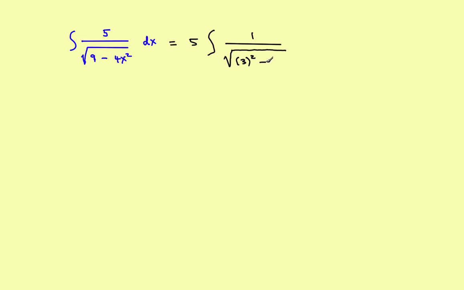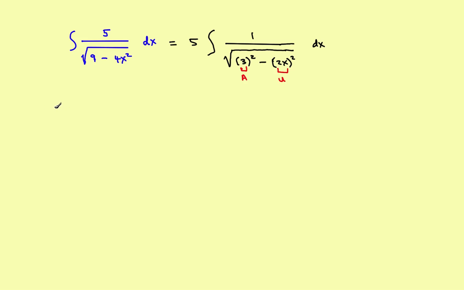Then you've got minus, and instead of 4x squared, I'm going to write this as 2x quantity squared. And all this will be dx. Now, we'll go ahead and label things. What that's going to give me is this is going to be a, and this is going to be my u right here. But this is more complicated than just a simple x. So again, this is a problem where you're going to have to use u substitution, just like you've always done.